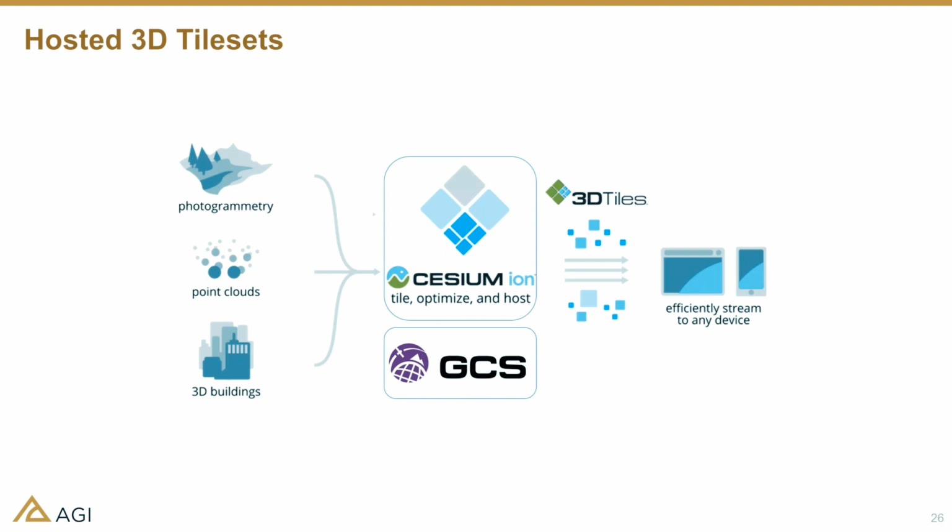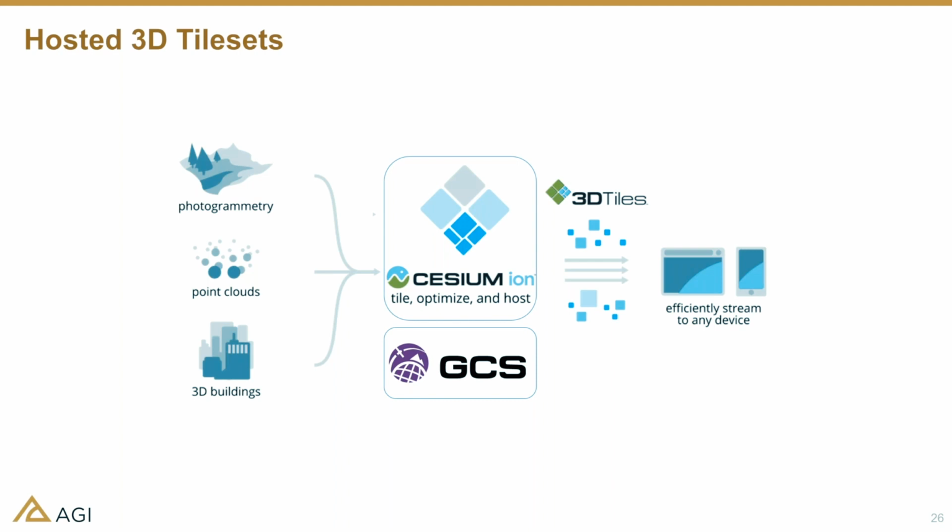What you need to do is send your source data through the 3D tiling pipeline, and that would be either through Cesium ion or GCS, which is our on-prem geospatial content server. That's the on-prem hosting and processing platform that STK 11.6 is currently hooked up to.